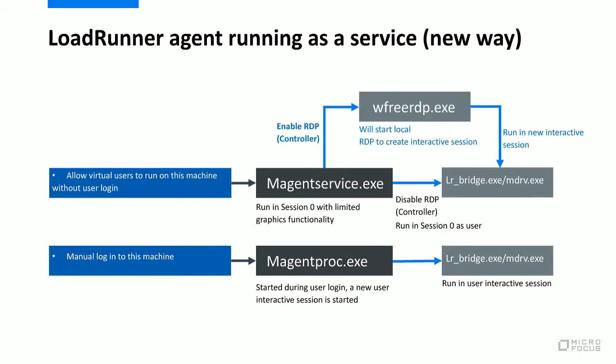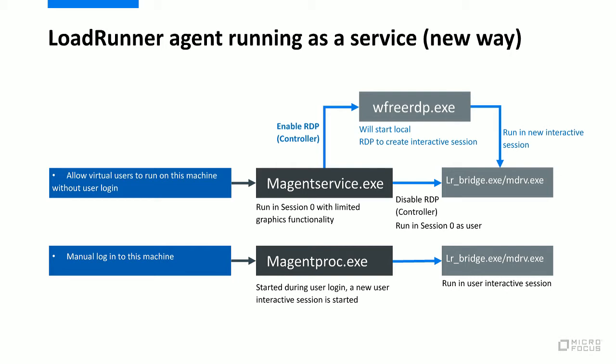I am happy to announce that in 12.62 we are overcoming this limitation and thus enabling you to run graphical user interface vusers with agent configured as a service in an interactive user session.